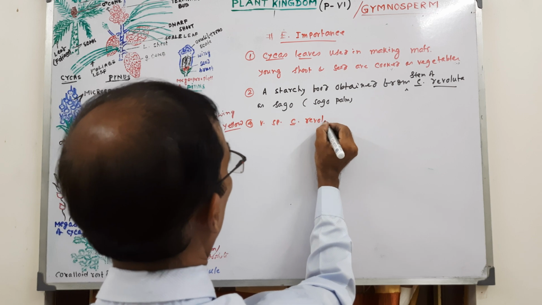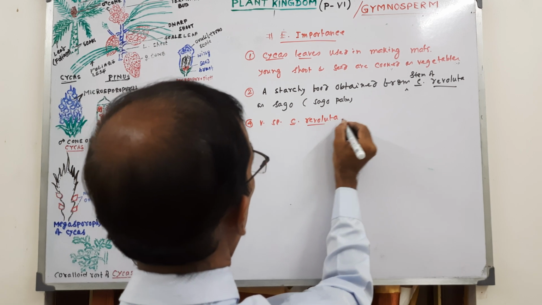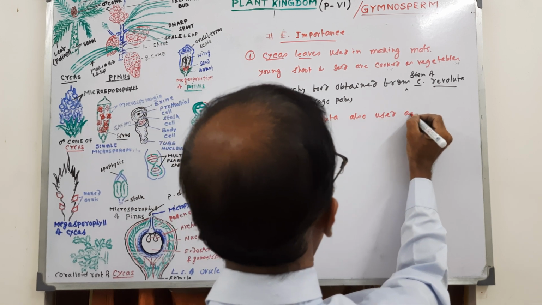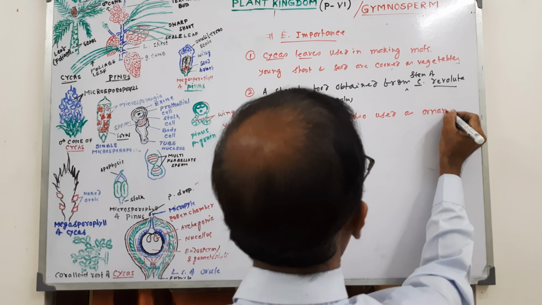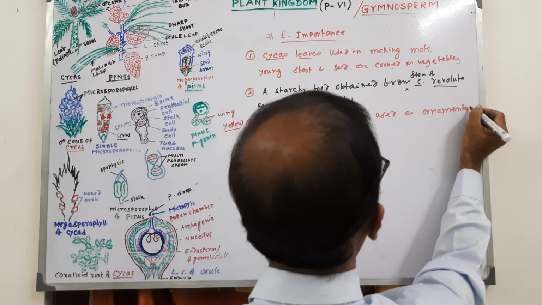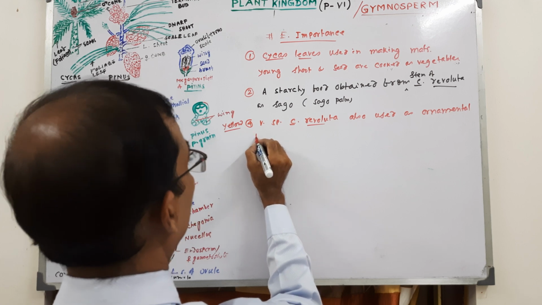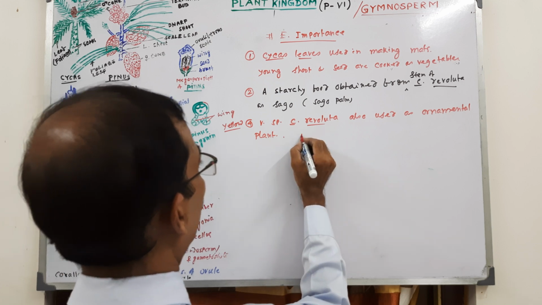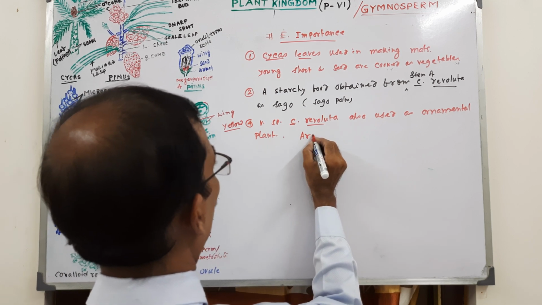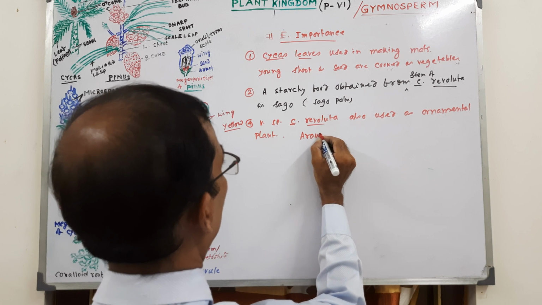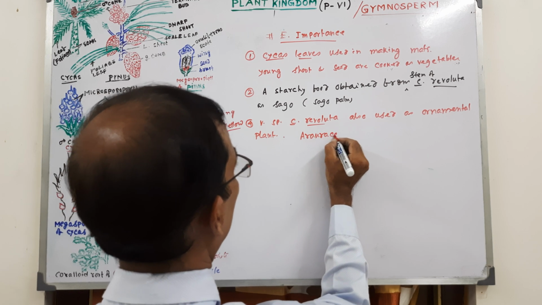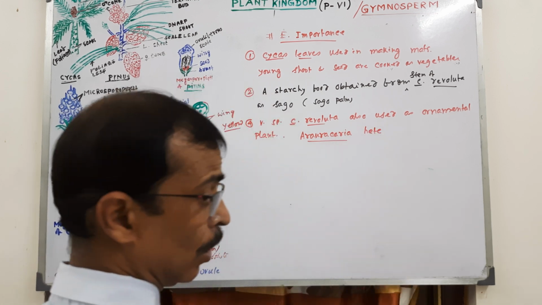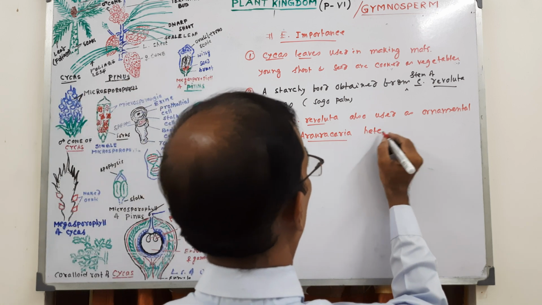This revoluta also used as ornamental plant in the garden, and another Araucaria under Coniferales, Araucaria heterophylla, which is called star pine or Norfolk Island pine.